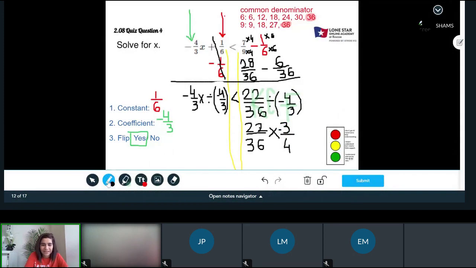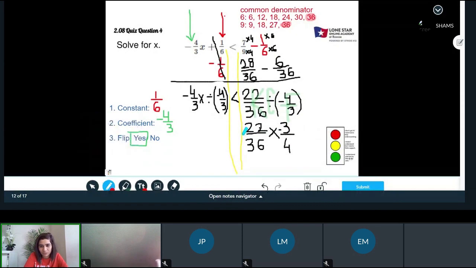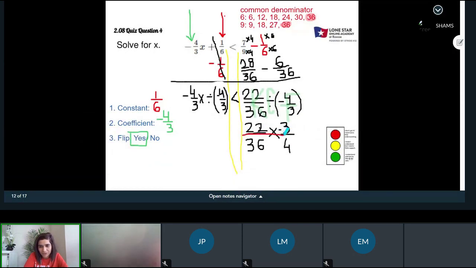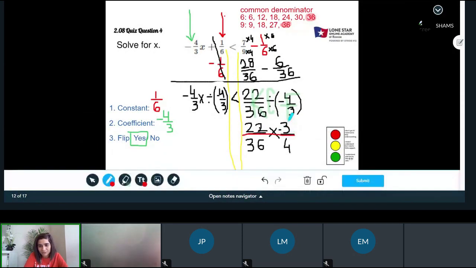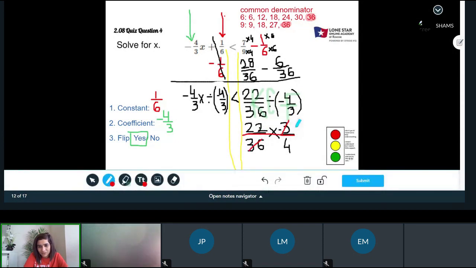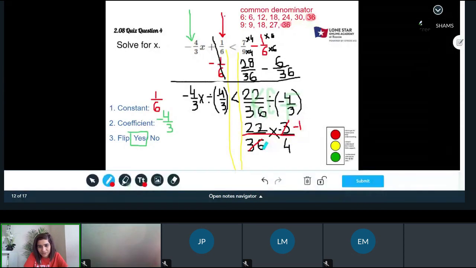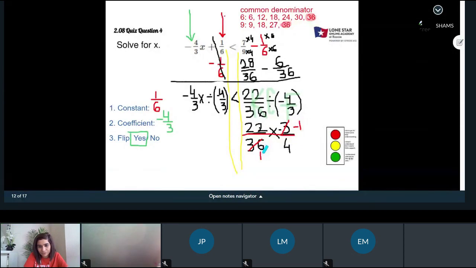Then there are some numbers that I can really easily simplify. When you are multiplying these fractions, you multiply the two numerators. So I can simplify my 3 and the 36. The negative 3 becomes a negative 1. The 36 becomes 12.